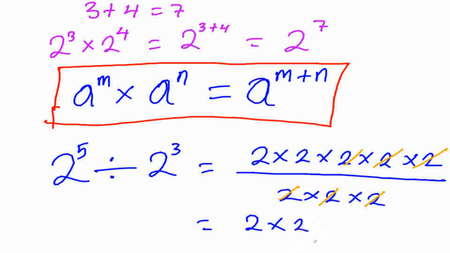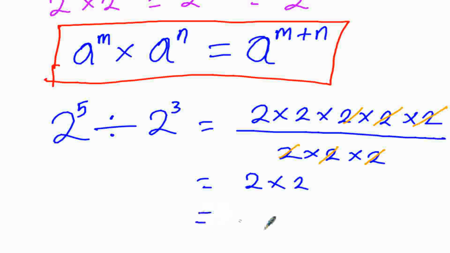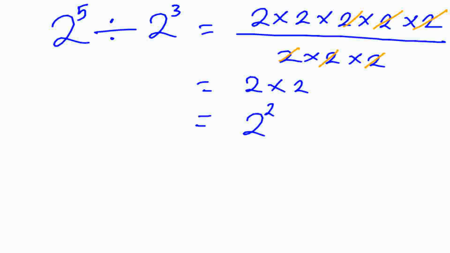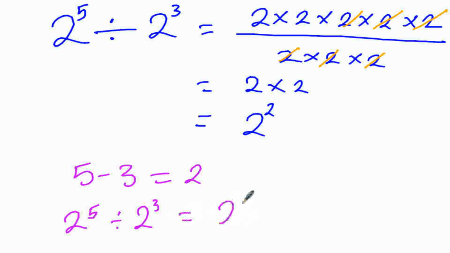We are left with 2 times 2. And 2 times 2 is the same as 2 power 2. But again, remember, when you subtract 5 minus 3, you get 2, which is the power. So 2 power 5 divided by 2 power 3 will give us 2 power 2, which comes from 2 power 5 minus 3, giving us 2 power 2.